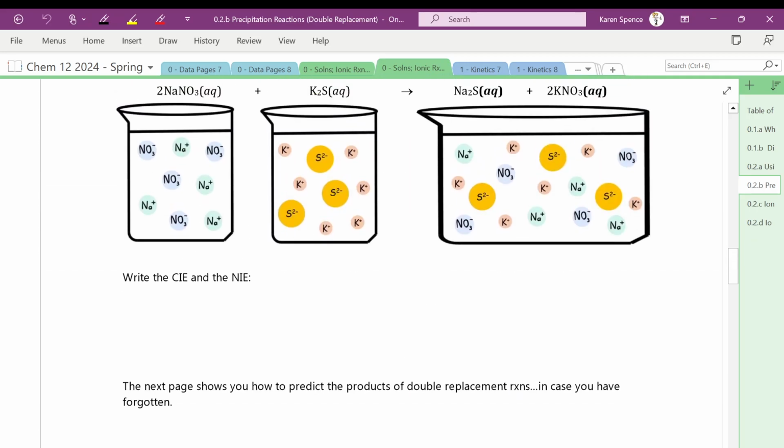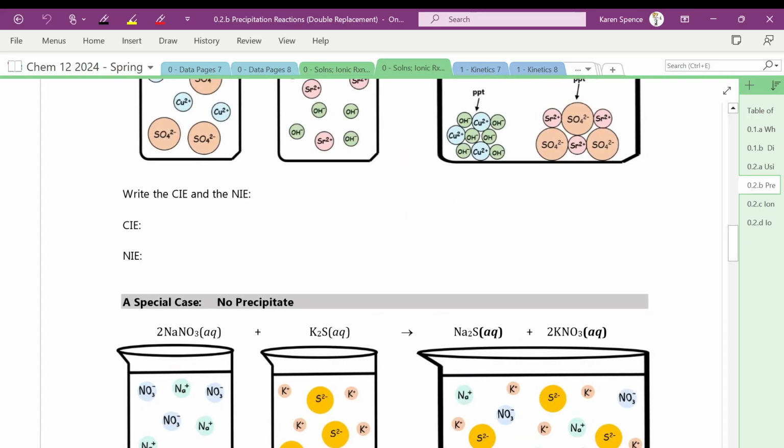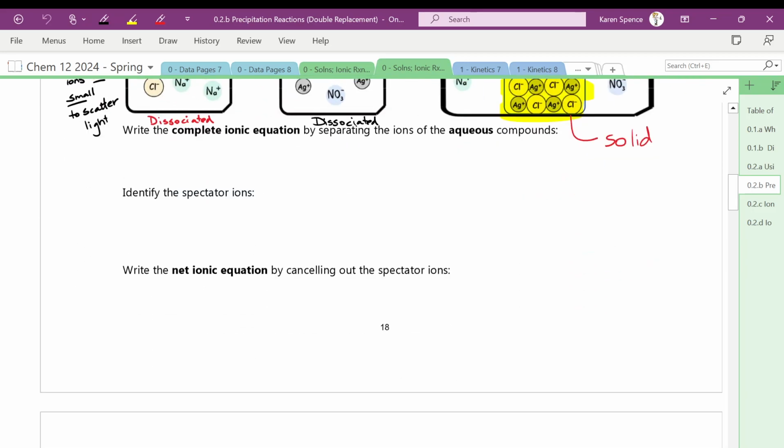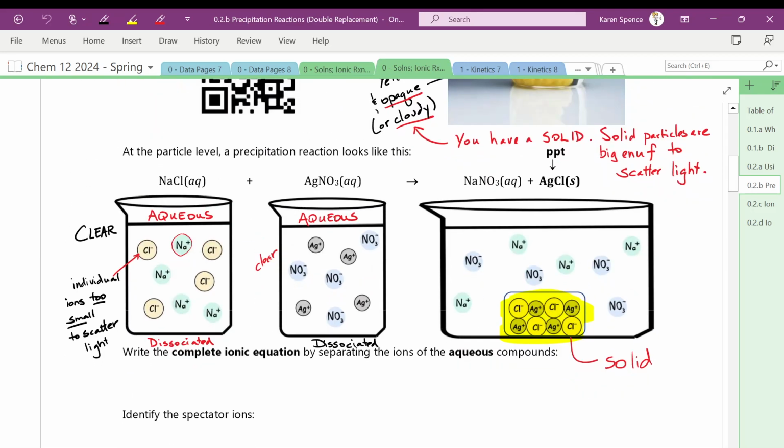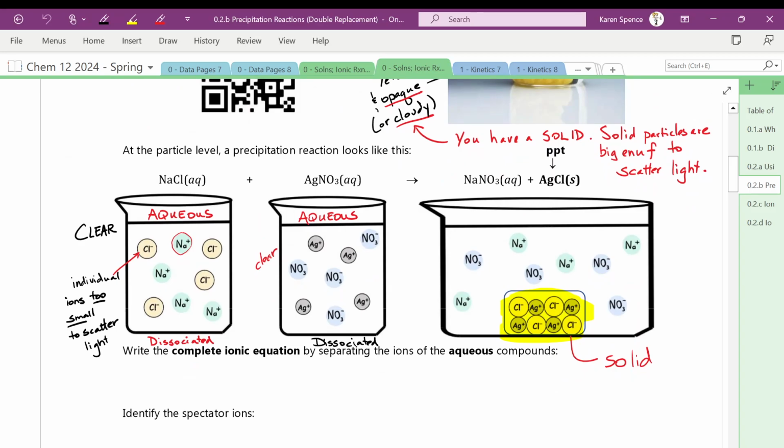Okay, so we're going to go to pages. We're going to start out on page 18, and this is of unit 0. Unit 0, page 18.